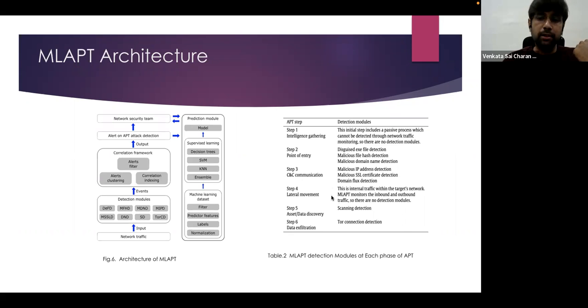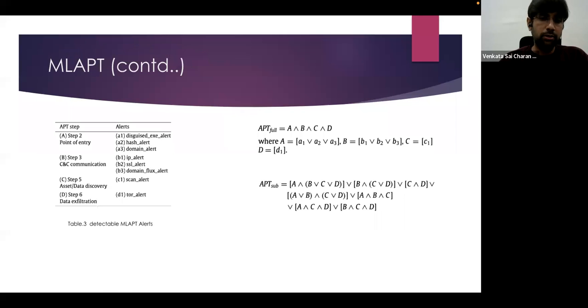The scanning detection module and other detection modules will try to address the lateral movement, scanning detection will find the asset discovery, and Tor connection will try to identify the data exfiltration phase. So that's why this is considered a state of the art technique in APT detection mechanisms.